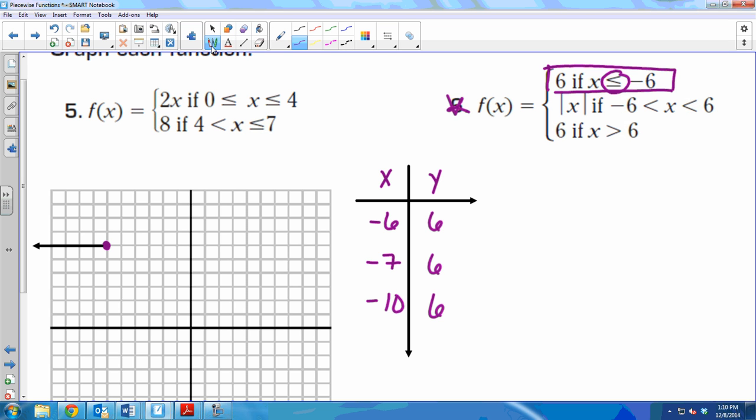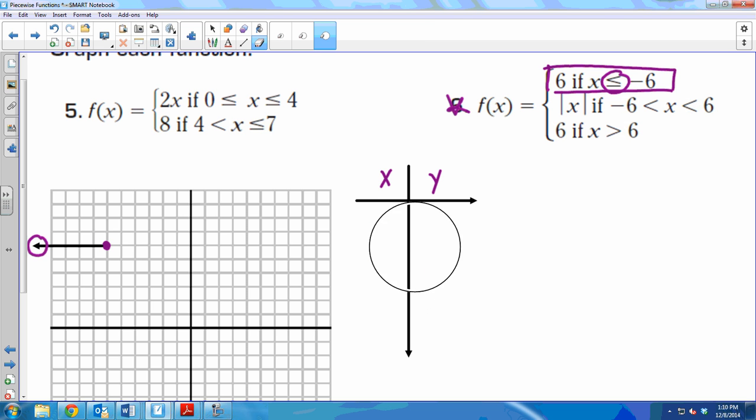I intentionally have a line with an arrow. It's just less than negative 6. It's not bounded by 2 numbers. Does that make sense, that it has an arrow? Good. Can I erase this part of the table?